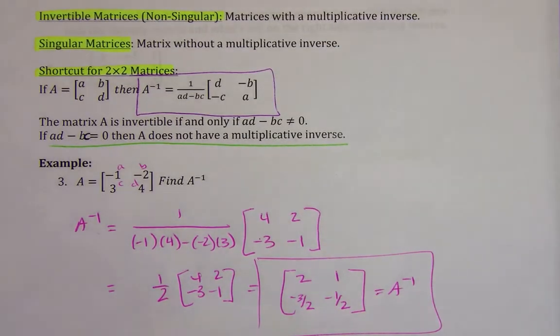Looking down at the next example, we can use another method here. We can also use row operations to turn the left side of the matrix. Actually, maybe I'll write this down for you guys.